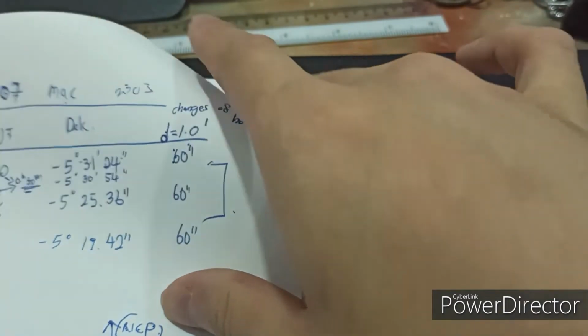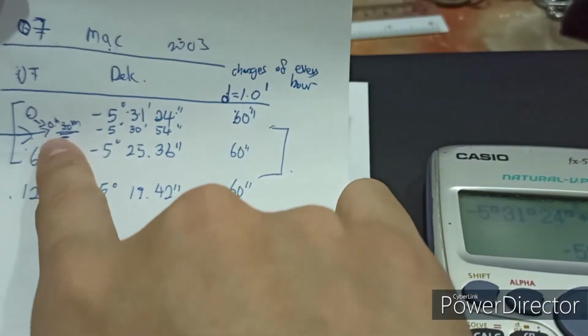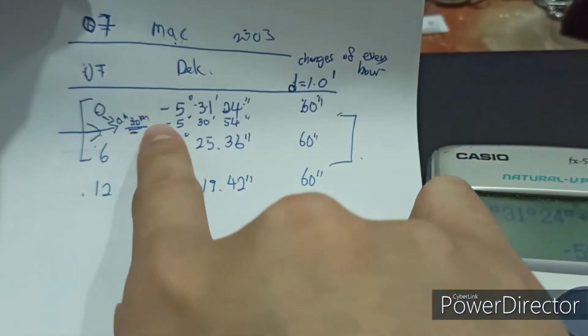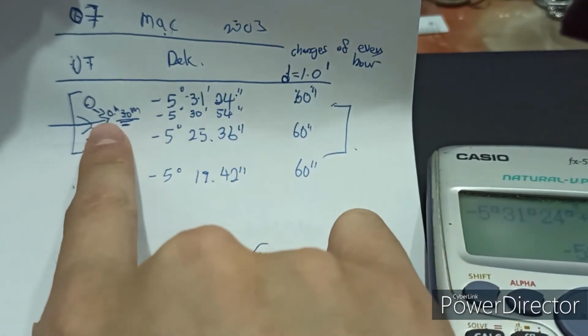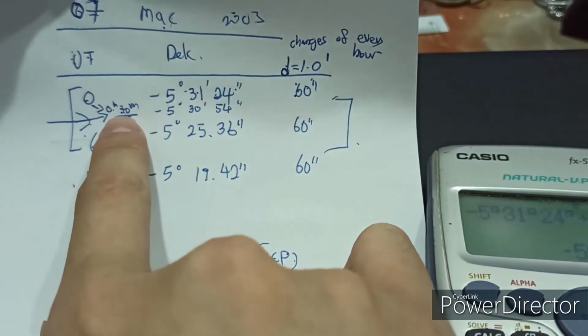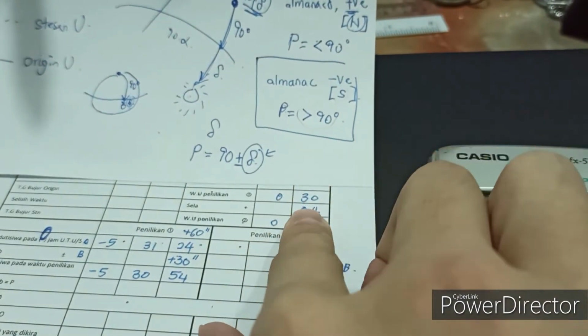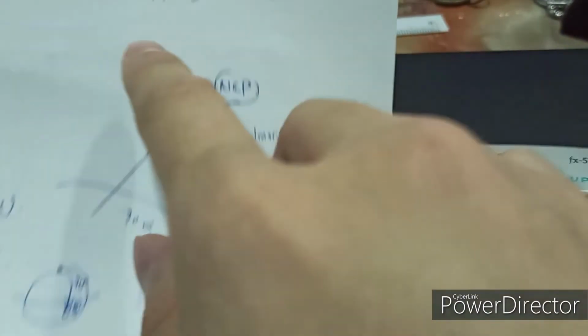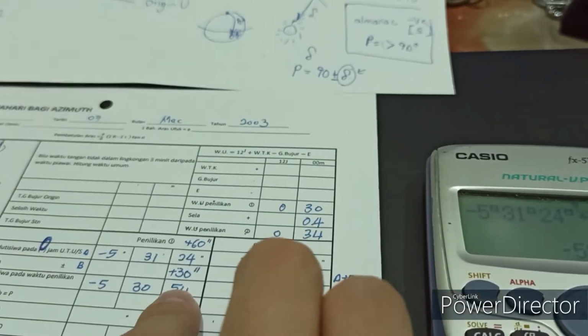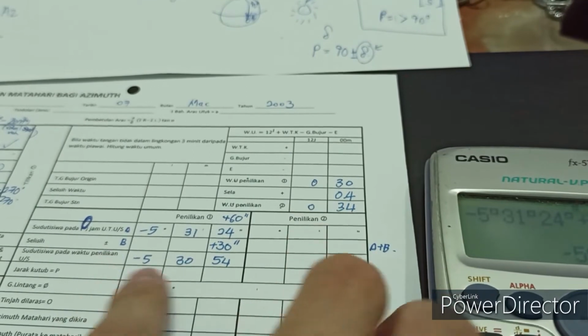Okay, this is the sudut istiwa waktu pendidikan at our observation time, 0 hour 30 minutes. A plus B.